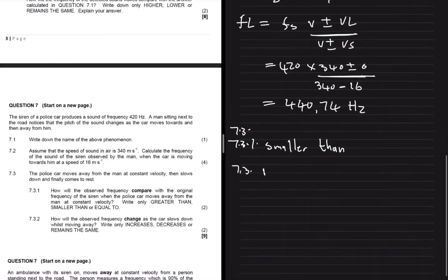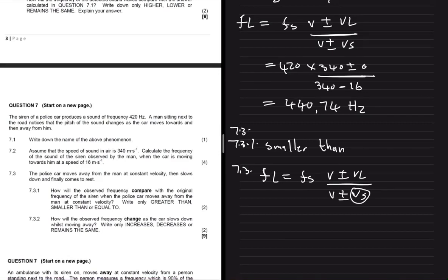7.3.2. Let's go back to the formula. We have F of L equals F of S times (V plus or minus VL) over (V plus or minus VS). Everything we say in every calculation we do, we're basing on this formula and nothing else. They're saying that the car is slowing down, so this VS is getting smaller.